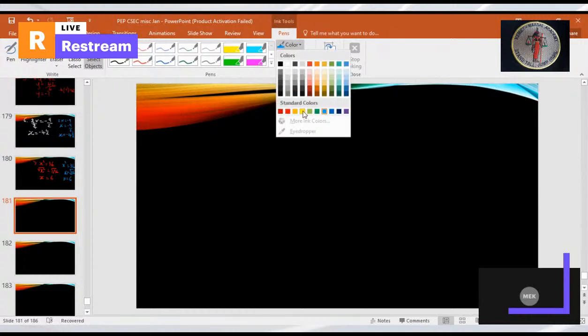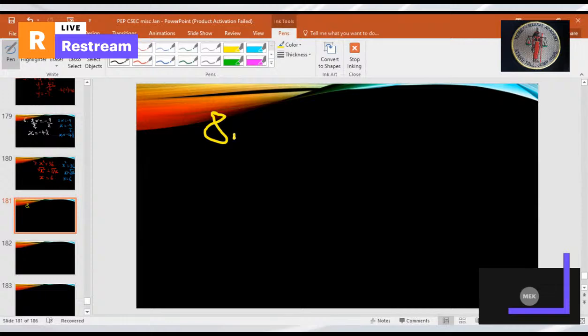Number 8. The square root of y is 16. So we want to ask ourselves, the square root of what number would give 16?